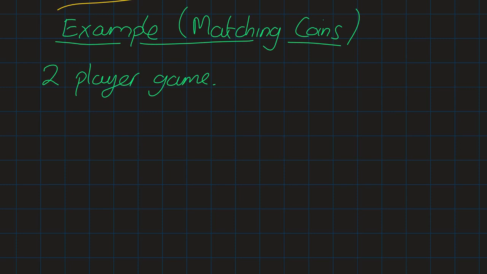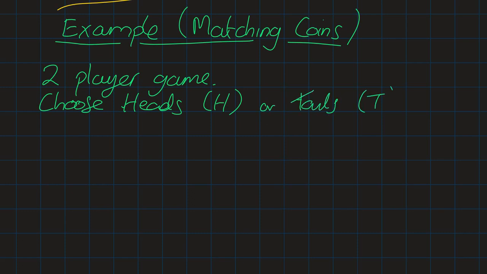Both people secretly choose either heads or tails. So they choose heads, which is just capital H, or tails, which is capital T. And the outcomes are as follows.